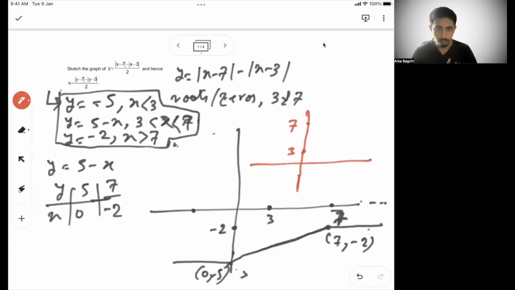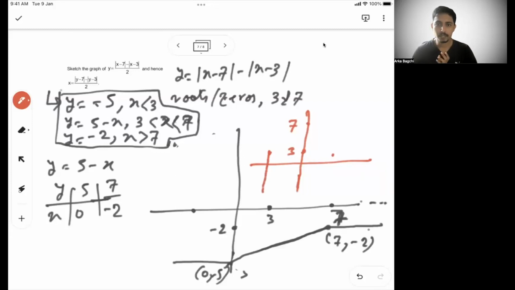If y is less than 3, x is going to be -5. So x is going to be -5 means this side, at this zone.